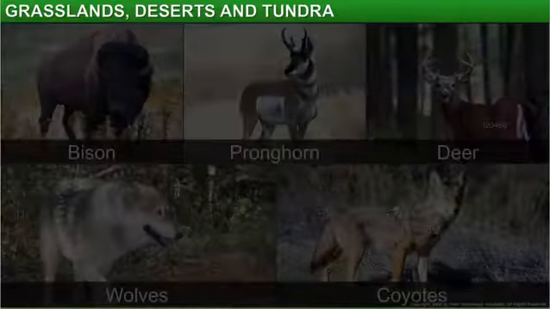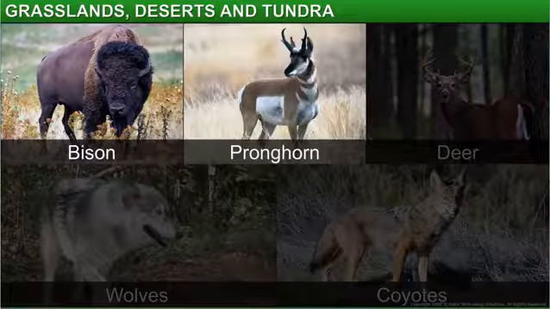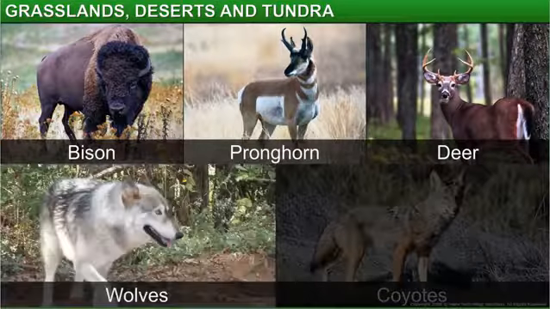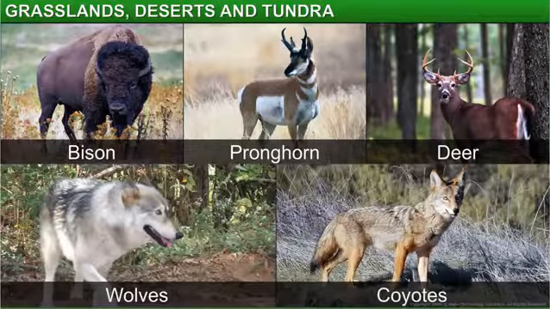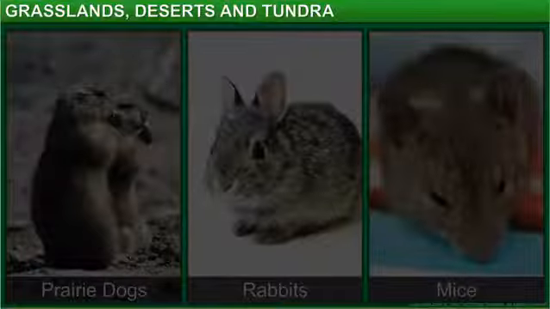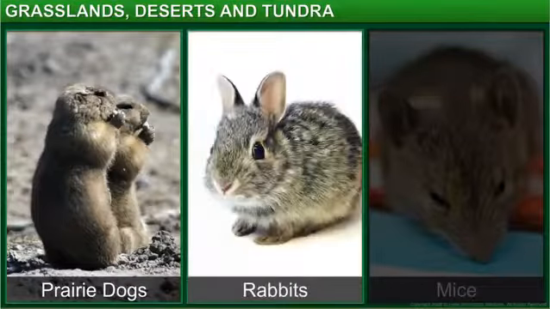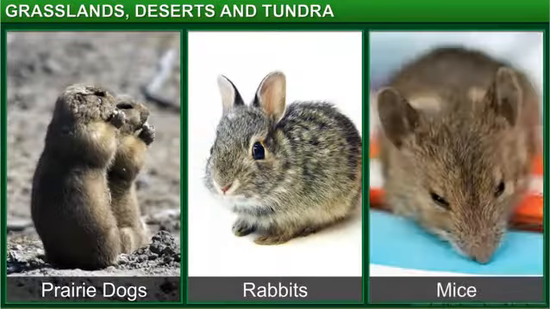Large animals like bison, pronghorn, deer, wolves, and coyotes live in temperate grasslands. Also, small animals like prairie dogs, rabbits, and mice live there too.